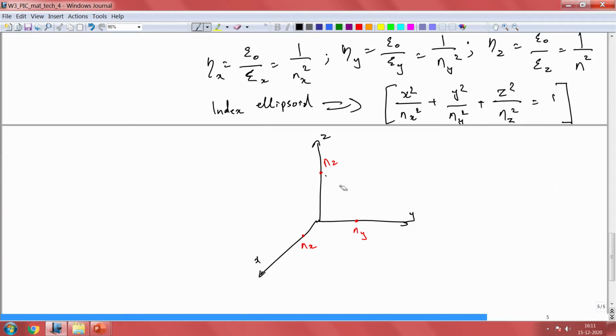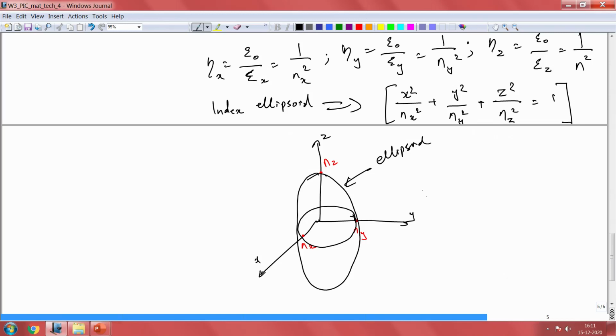Let me draw it thus, and you will have a circle around this. So this is your ellipsoid, and this is the xy plane where it is circular in nature.